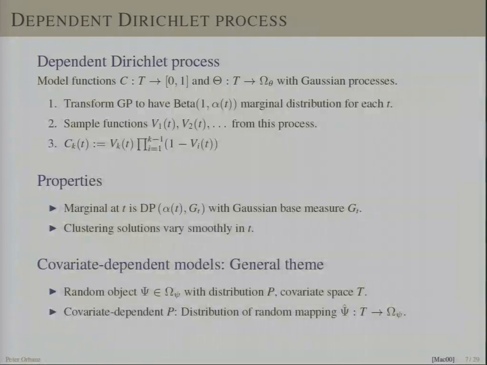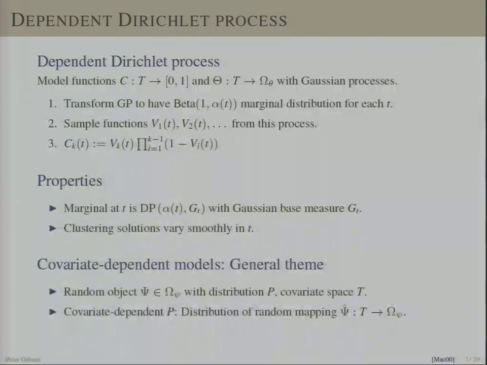parameters, the cluster sizes and the cluster locations. And as I said, we're now making them functions of the covariate, right? And we know that these cluster weights are between 0 and 1. And now they take as input a covariate value, so say time. And so that becomes a function from the time axis into 0, 1.